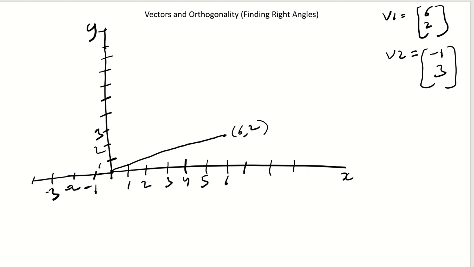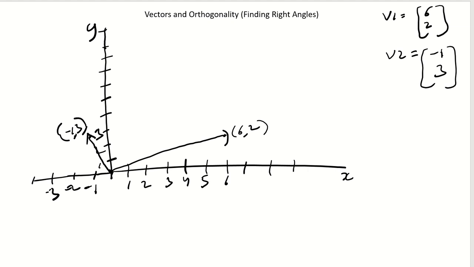That's positive 3, right? So -1, 3 would be somewhere here. So these two vectors, 6, 2 and -1, 3, will be here.